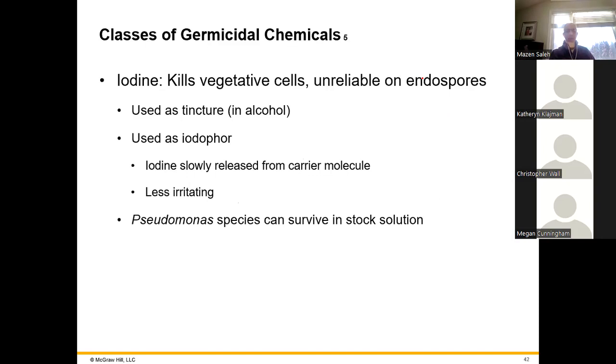The second halide or halogen is iodine. Iodine works in a similar way to chlorine, but it is not as effective. Therefore, if endospores are of concern, typically chlorine is the choice, not iodine.